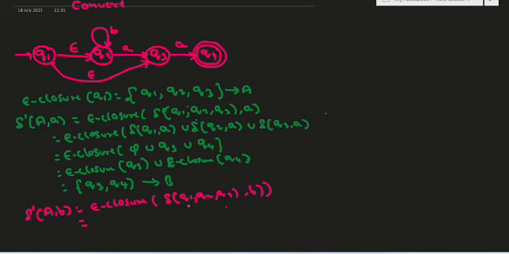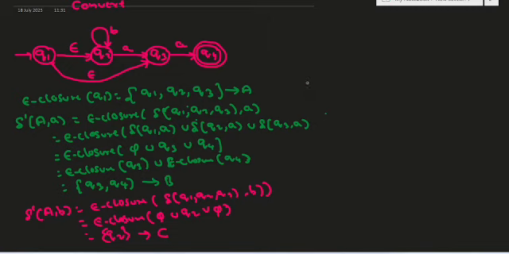Q1 and Q3 result in phi. So, we get epsilon closure of phi union Q2 union phi. The epsilon closure of Q2 is Q2 itself. Now, we will name this state as state C. So, we are getting the third state, C.